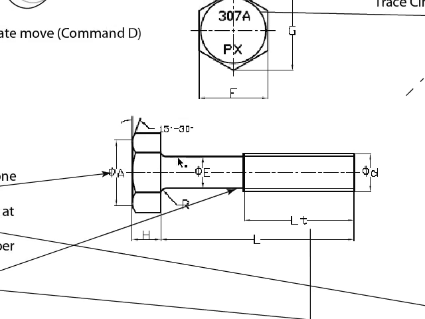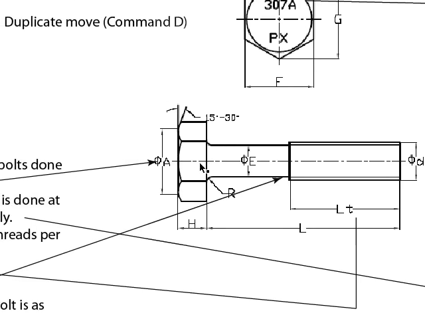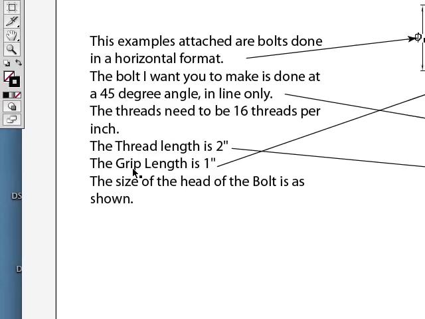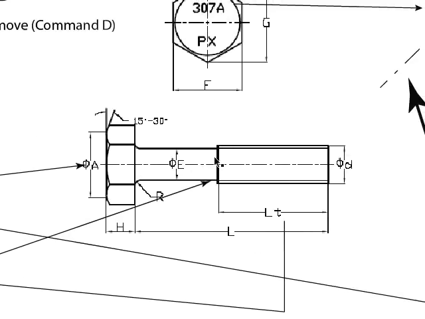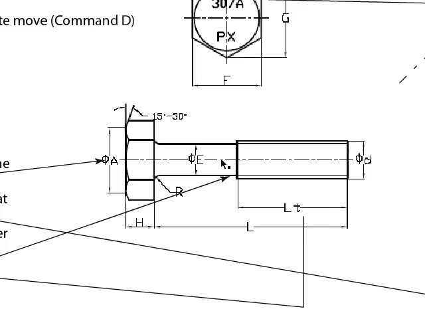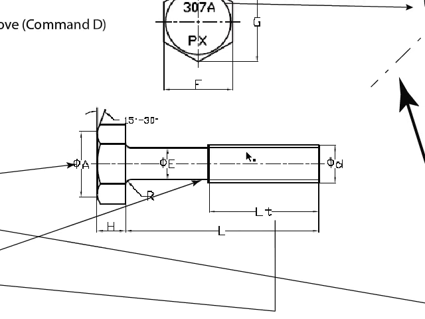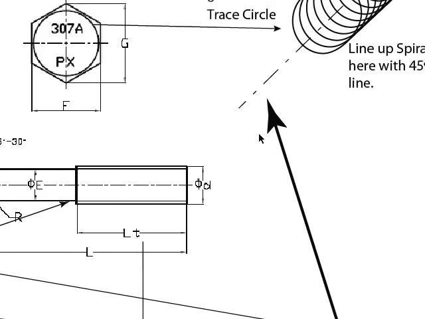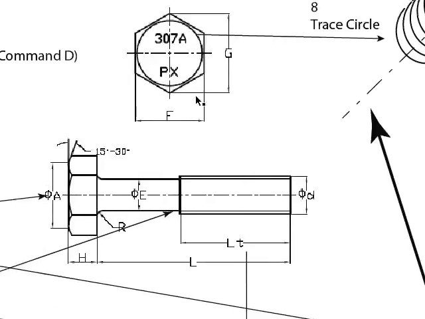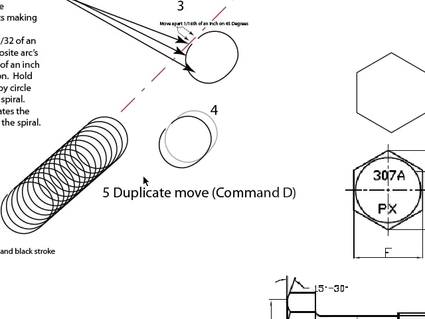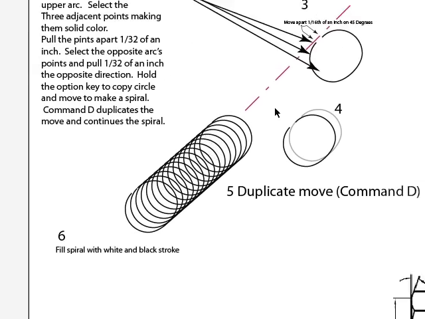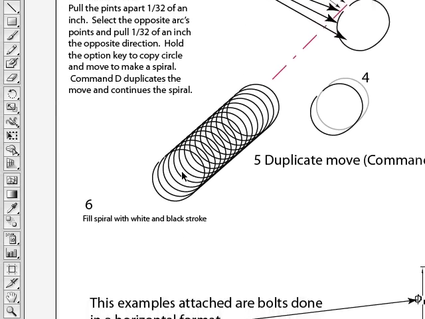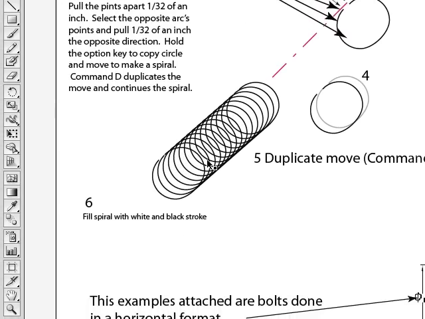Now this is not proportionally correct, but this is the type of bolt I'm having to draw. The grip length is 1 inch, so the grip is from here to here, and that has no threads on it. It is somewhat smaller than the threaded part. So the next thing you will do is take this coil or spiral, and fill it with white ink.